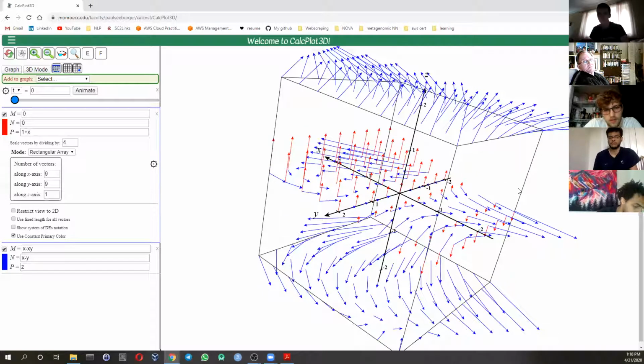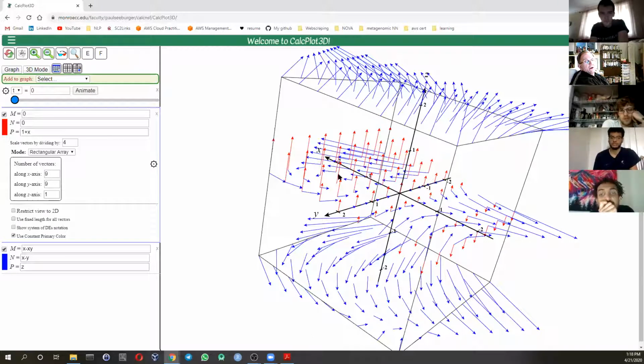Okay, so how do we rectify this? If we look at just this part, there's clearly some curling here, right? If we drop the ball right here, it does this.